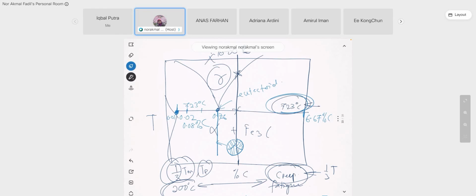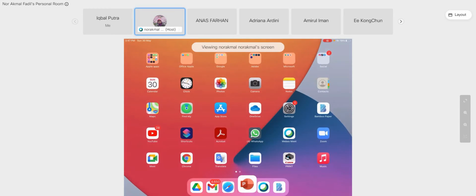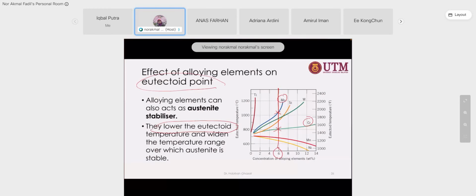But if you add an alloying element, it will adjust this line upper or lower. Example here in molybdenum, by adding 6%, you can increase the eutectoid temperature to more than 1,000 degrees Celsius. That means if you use your steel at higher temperature, there's no way the stable structure at room temperature will change into austenite.